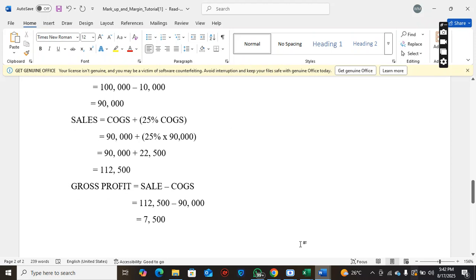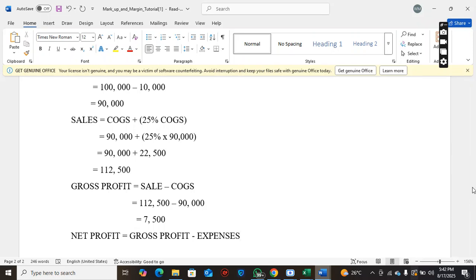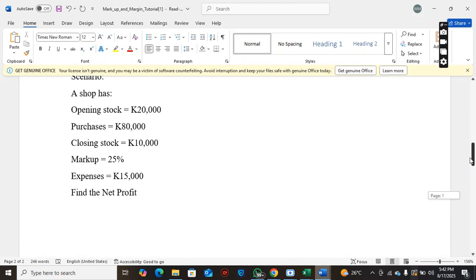And then once you get gross profit, remember net profit: minus expenses, the operational expenses. Our expenses in this question are 15,000.